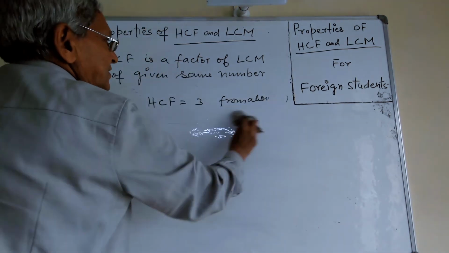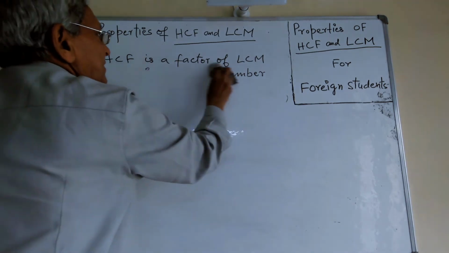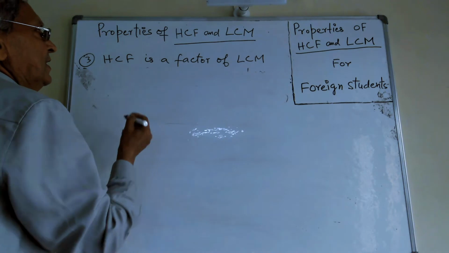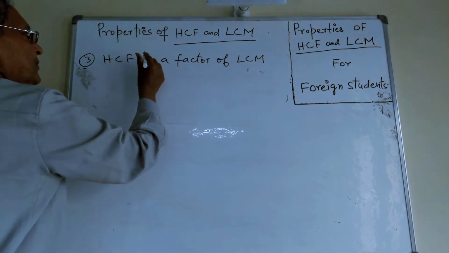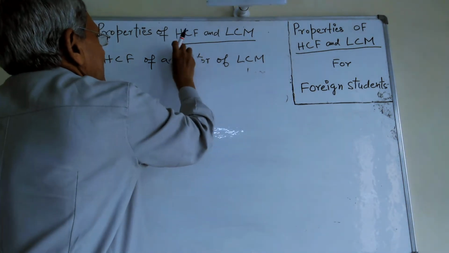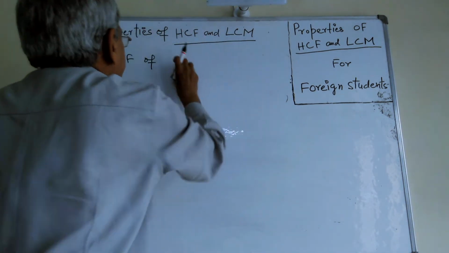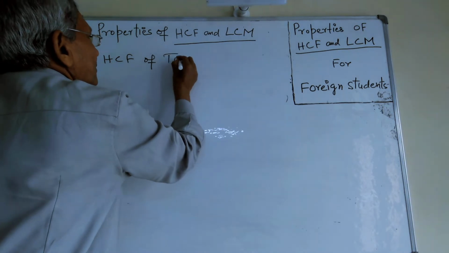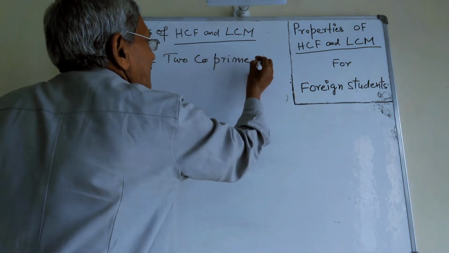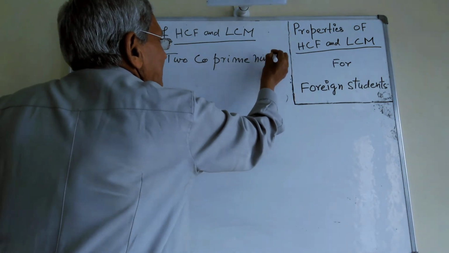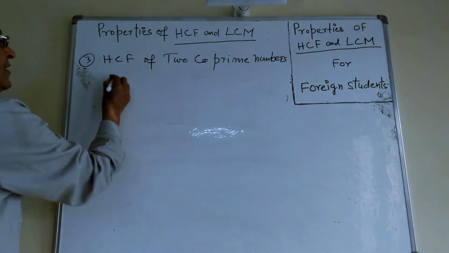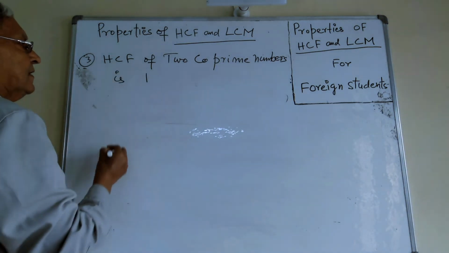My dear students, the fourth property is: HCF of two co-prime numbers is 1.